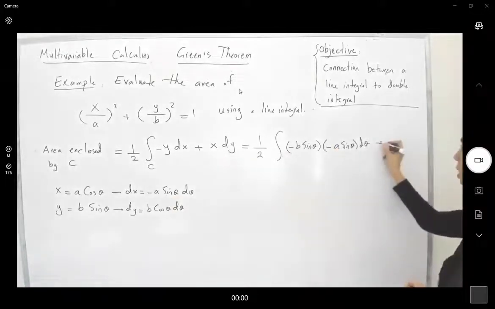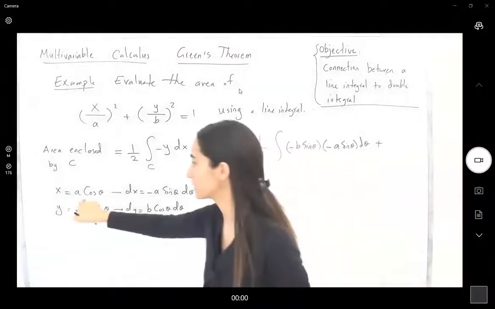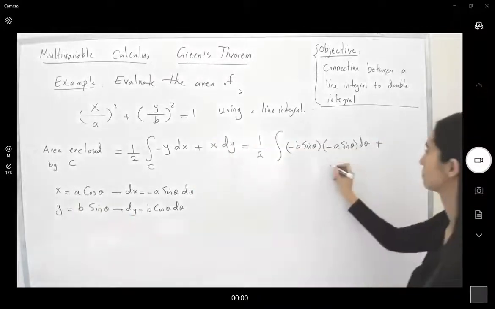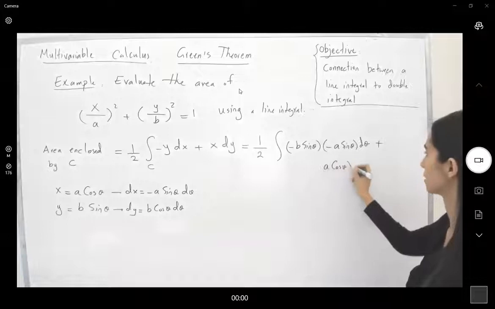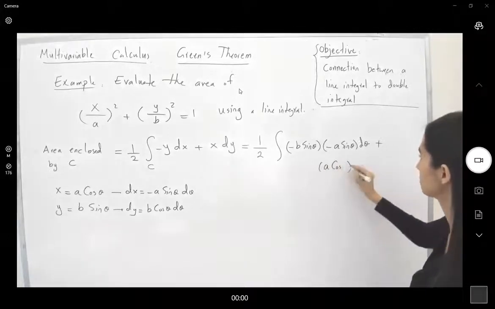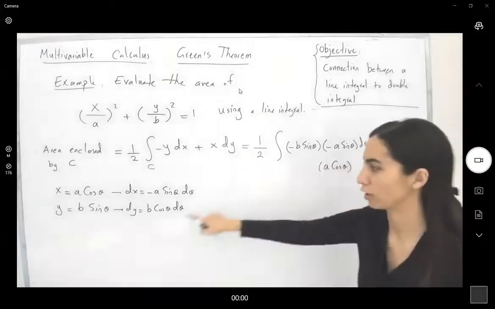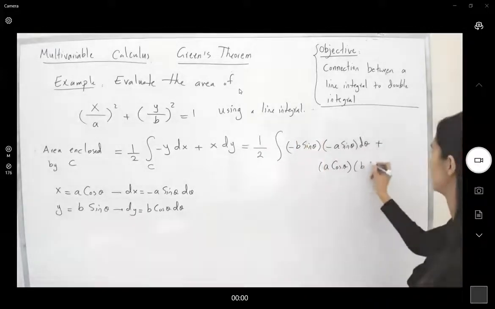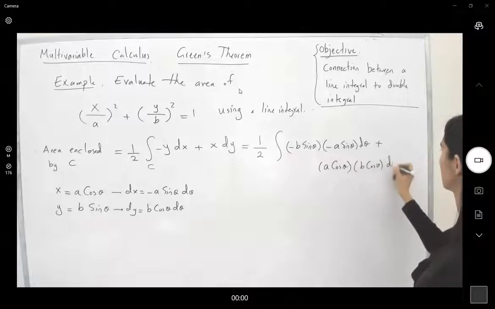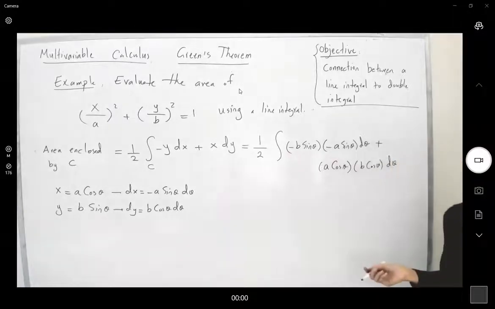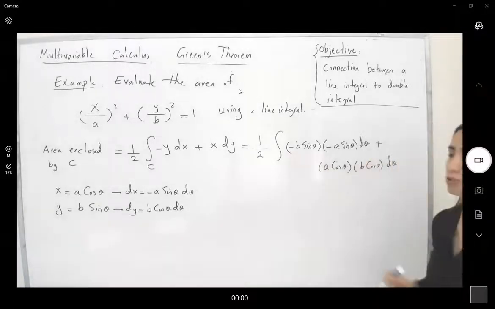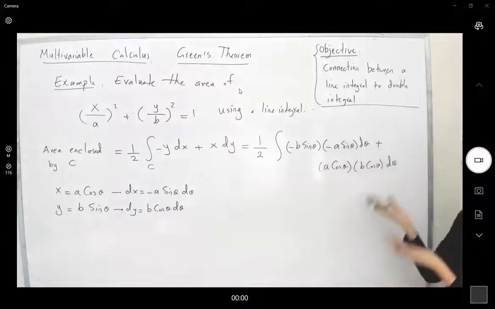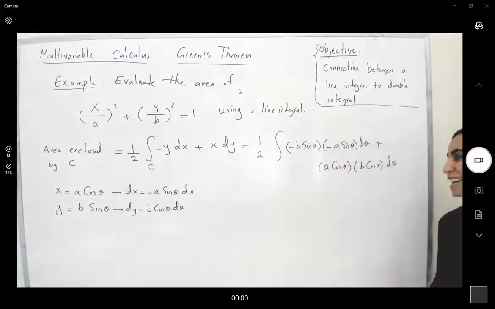Plus, what is x? x is a cosine theta, times dy. But what is dy? b cosine theta d theta. Well, this is just an elementary calculus integral, and you all know how to deal with this integral.